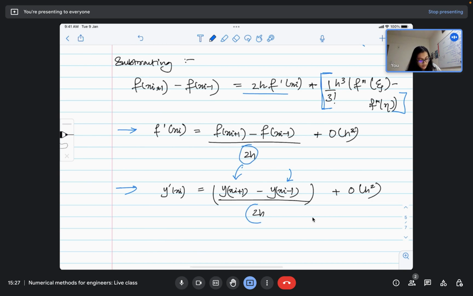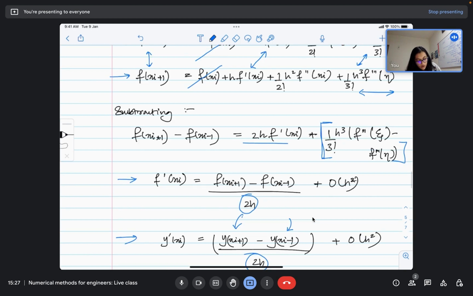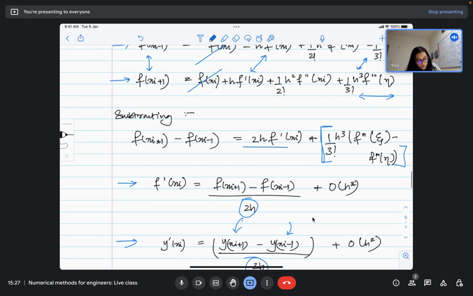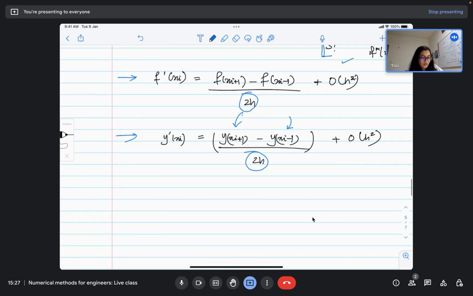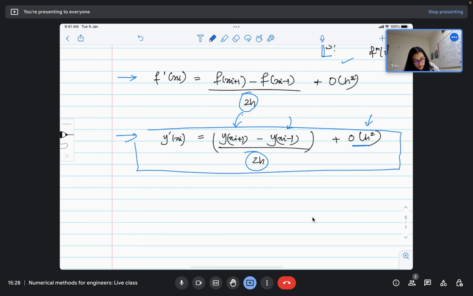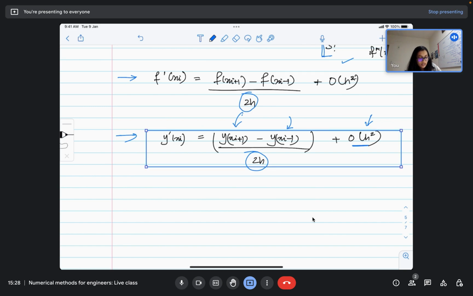This is the term that we have in our denominator, plus you will notice that when all the terms we divide by 2h, here also it gets divided by 2h and the order remains h squared. I mean the truncation error is of the order h squared. Okay, once you perform the derivation, you'll be able to understand. So this is our formula for the central difference formula for numerical differentiation.